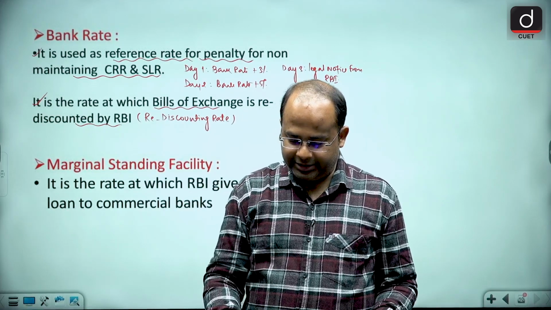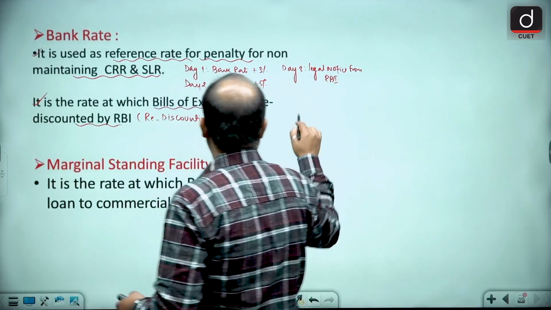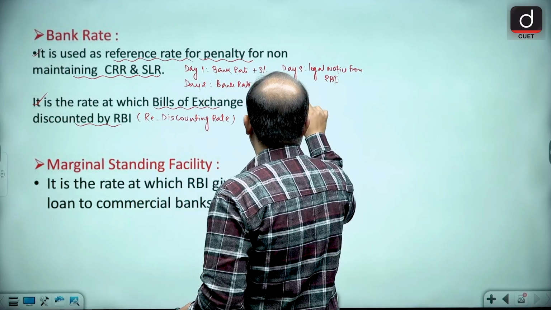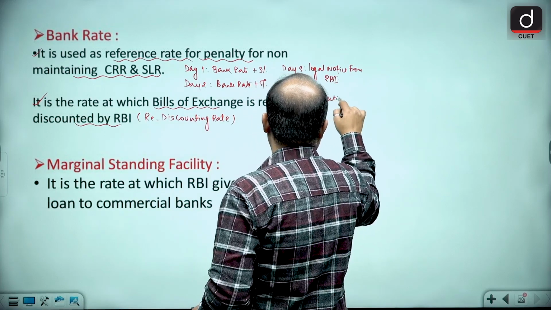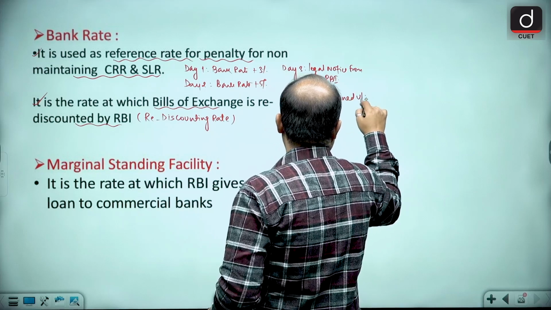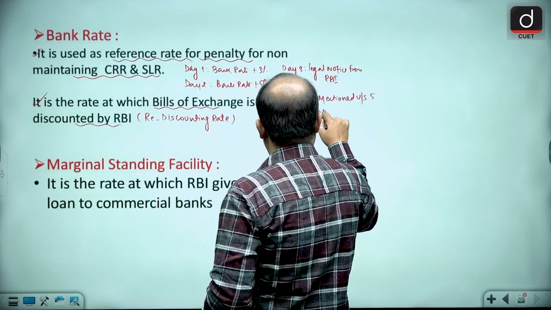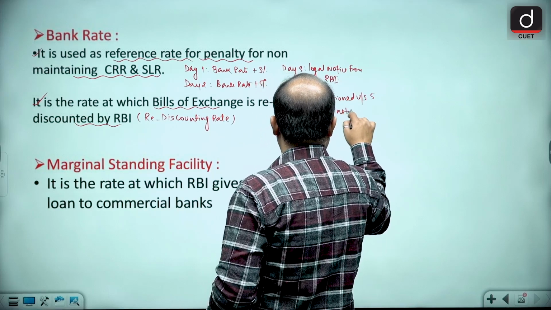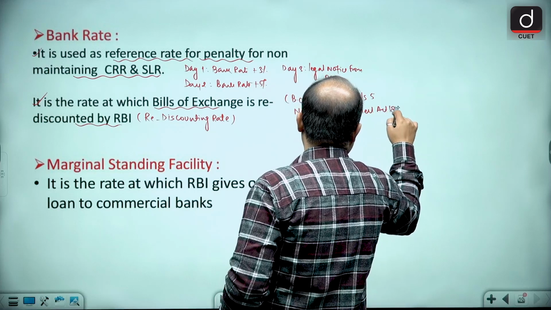And bills of exchange are mentioned under section 5 of the Negotiable Instrument Act, 1881.